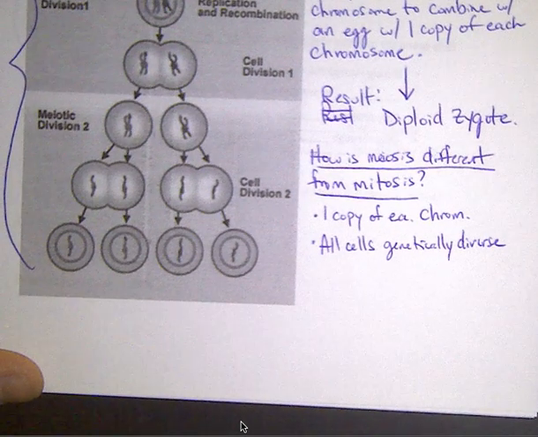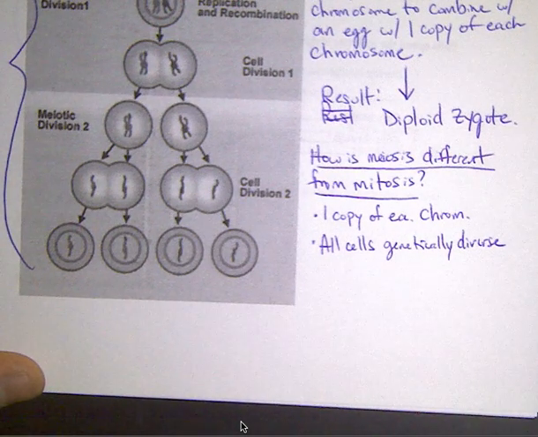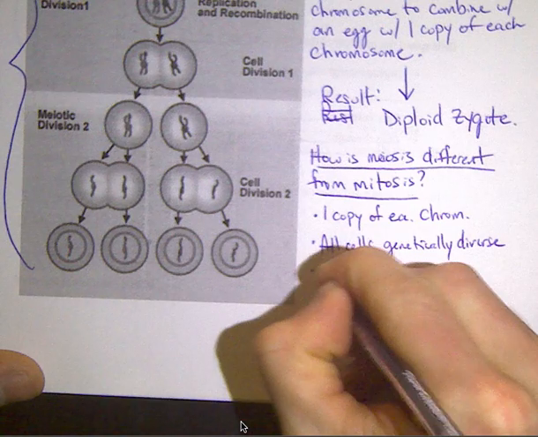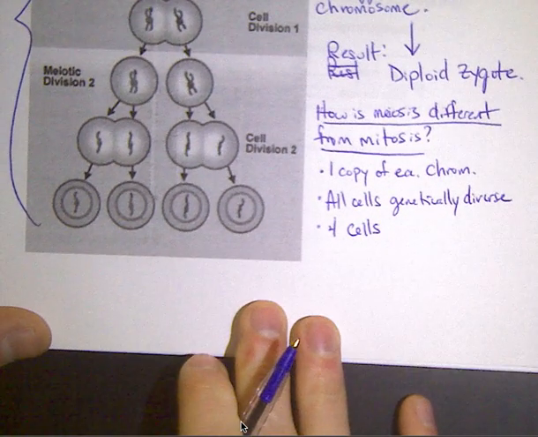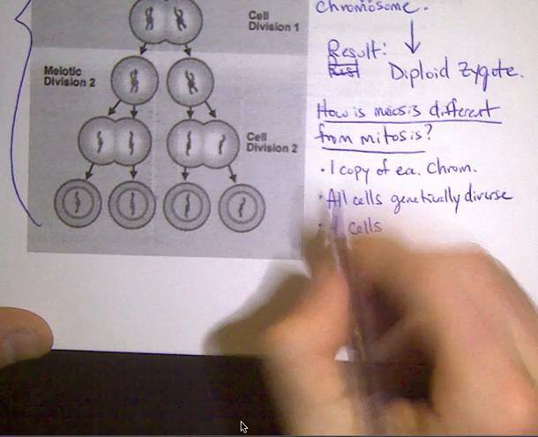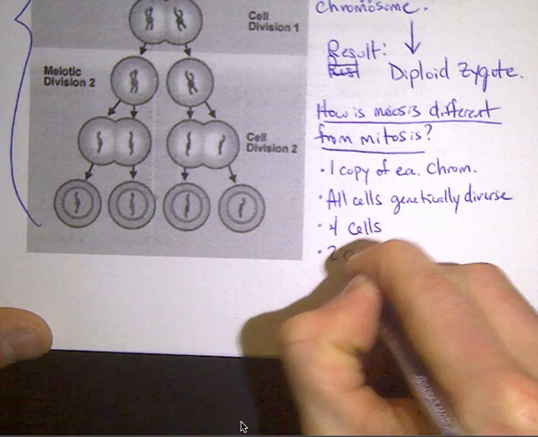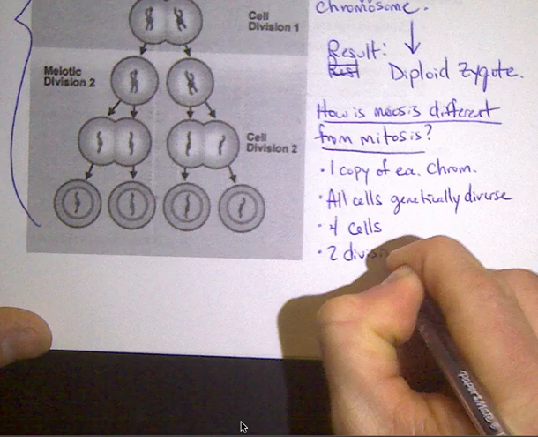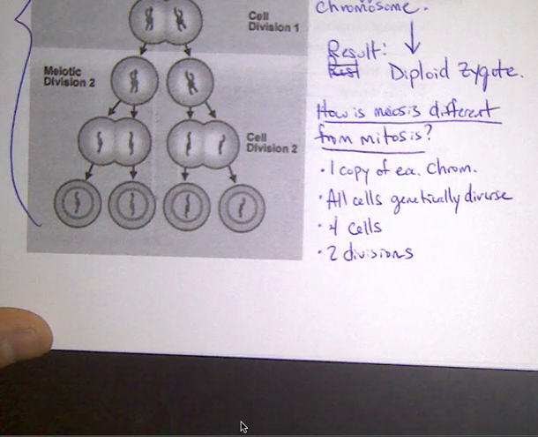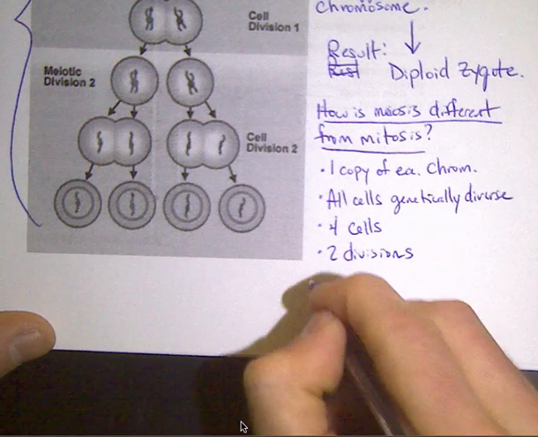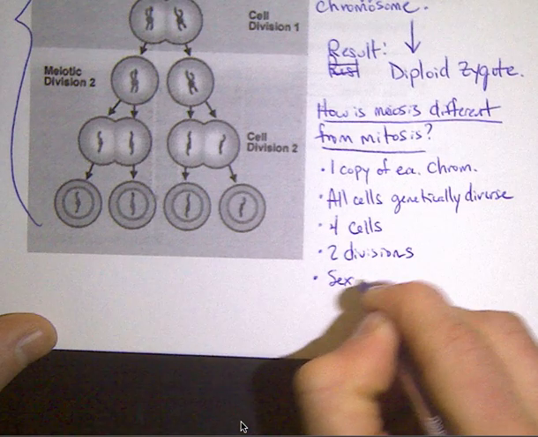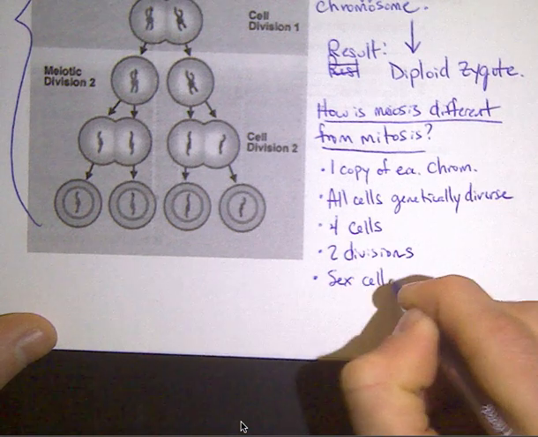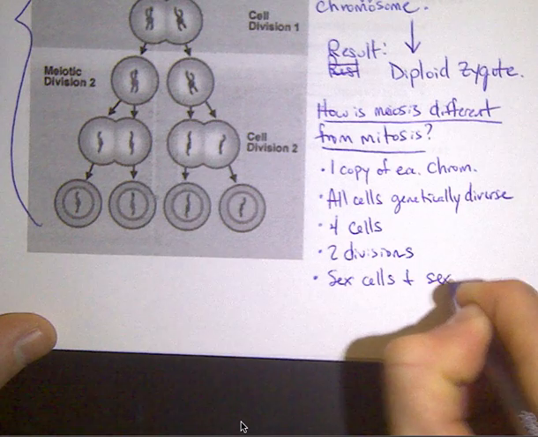In mitosis, they were all the same. We make 4 cells. If you looked at the diagram closely, there are 2 divisions in meiosis. Our cells divide twice. And here we're talking about sex cells and sexual reproduction.